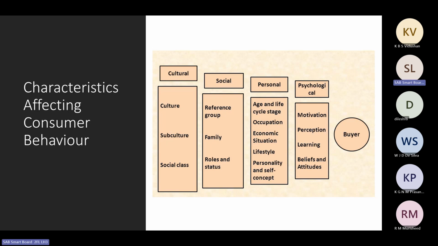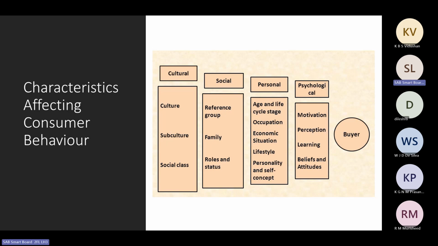Right? As an example, let's take age and lifestyle. People below 20, so in between 15 to 20, they may have more common buying patterns. Right? But when it comes to psychological factors, that is the hardest thing that the companies can understand.